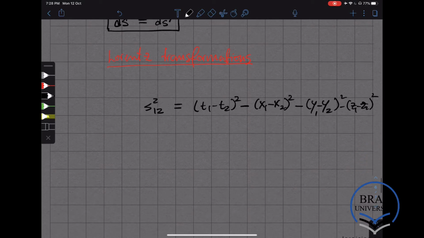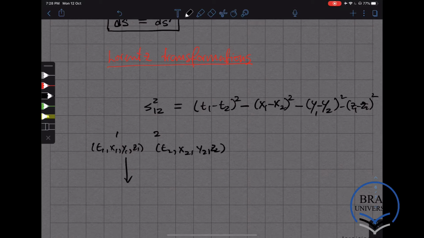Then the Lorentz transformations are transformations which take the coordinates of, say, our two events. So these are coordinates, say, T1, X1, Y1, Z1, and T2, X2, Y2, Z2.